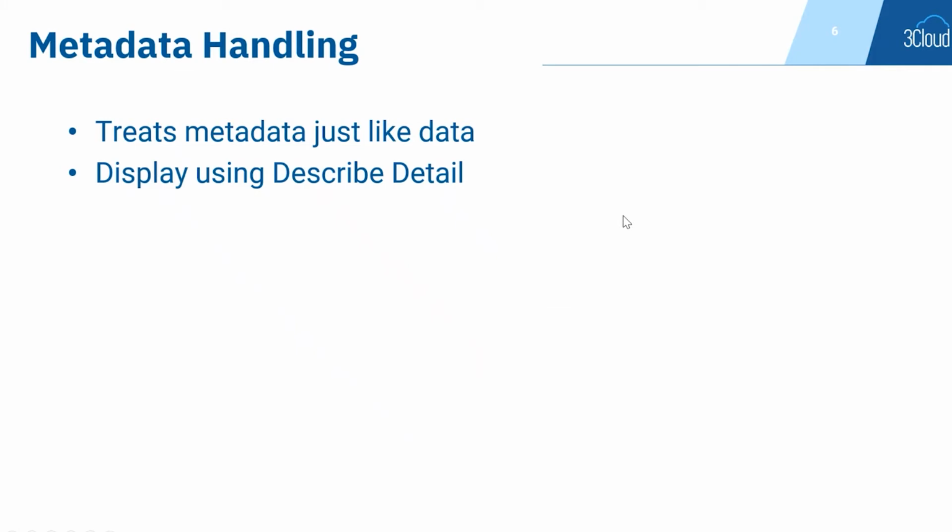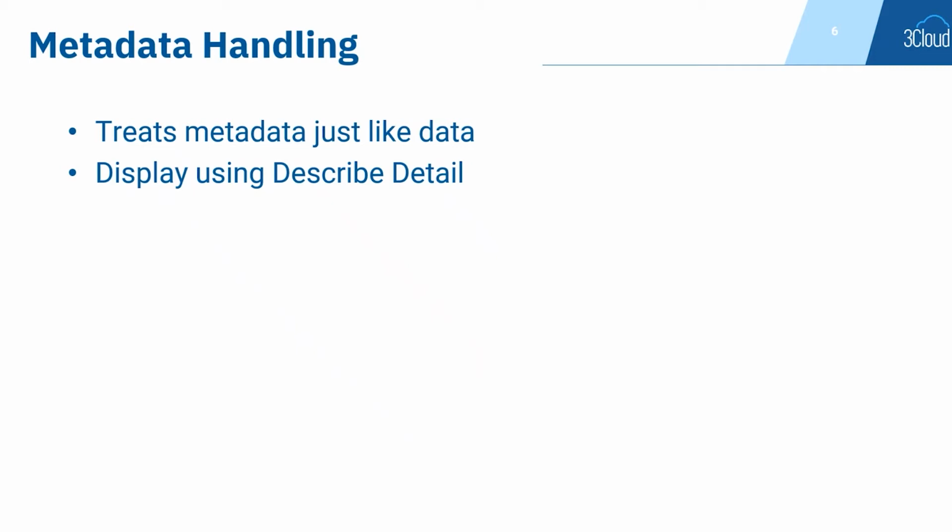Metadata handling. Too often it's been a real challenge to handle all the metadata that's associated with data. With Delta, it throws the full force of Spark at your metadata. So you can have petabytes of metadata, along with terabytes or even petabytes or more of your regular data, and it will handle this with ease.